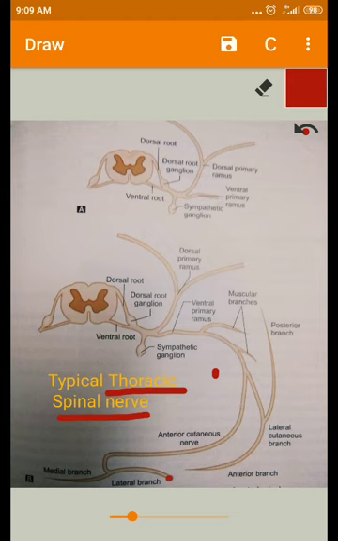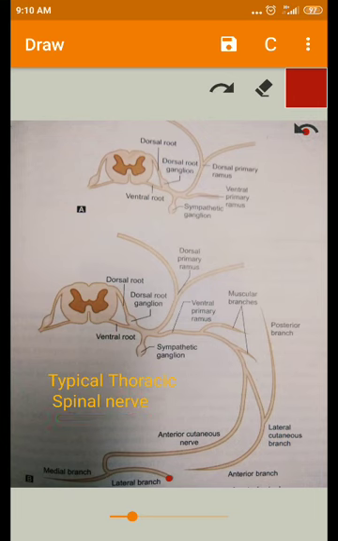So the middle ones, the 4th, 5th and 6th, supply only the thoracic region. They do not give any branches to any other region, so they are called typical thoracic spinal nerves.